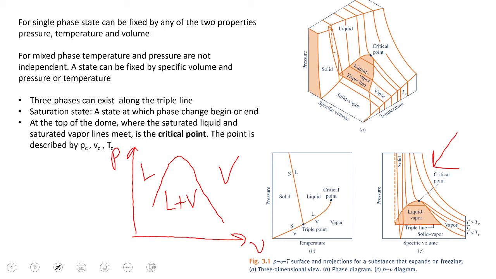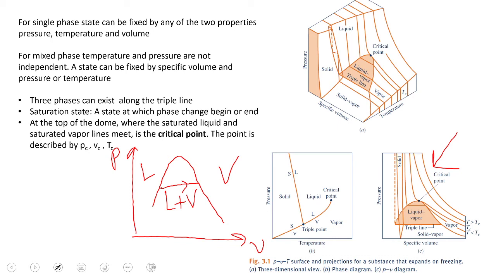Which basically means that, for example, if we have a liquid, we start boiling it. When we start boiling it, it changes from liquid to vapor.